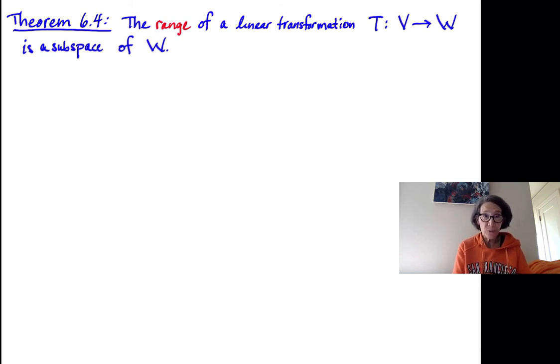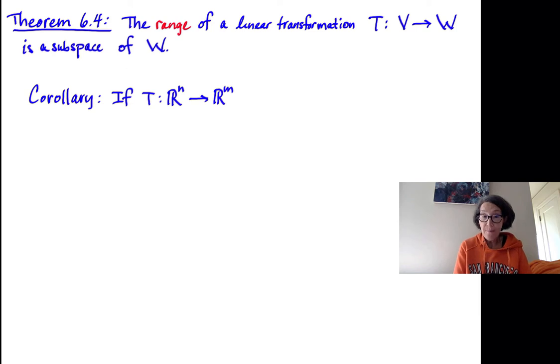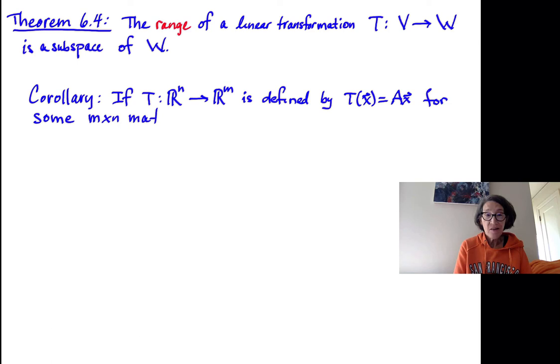So we're not going to go through the proof, but this theorem has a nice corollary about linear transformations that are defined by matrices. So if you happen to have a linear transformation from Rn to Rm that is defined by multiplication by an m by n matrix A, then the range of the transformation T is actually equal to the column space of A. And remember how we write the column space of a matrix.